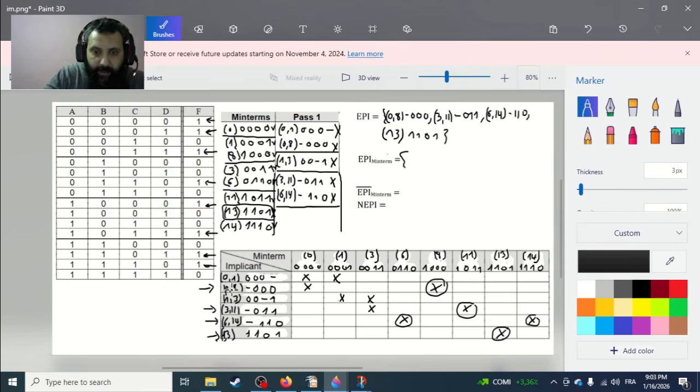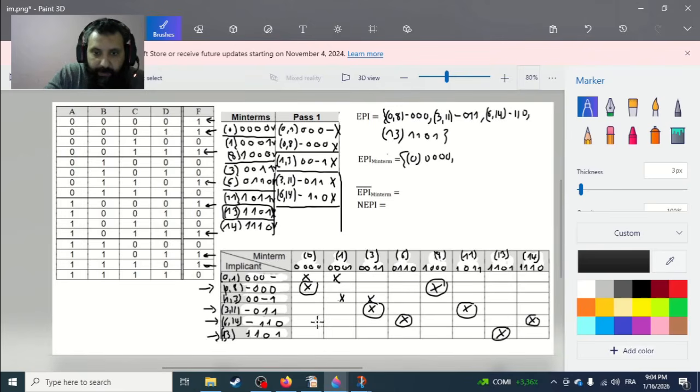We have this one, 0, 8, covering first the 0, covering the 8. We will try to get the right order. This one is covering this one, for instance.